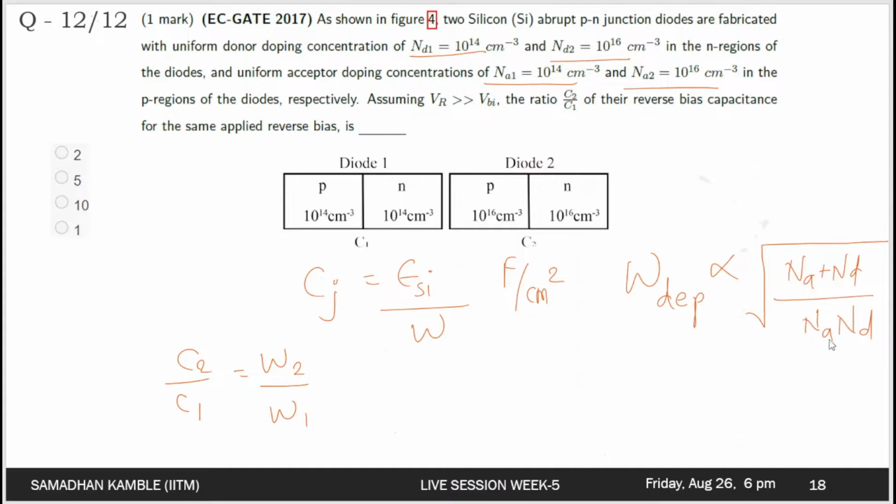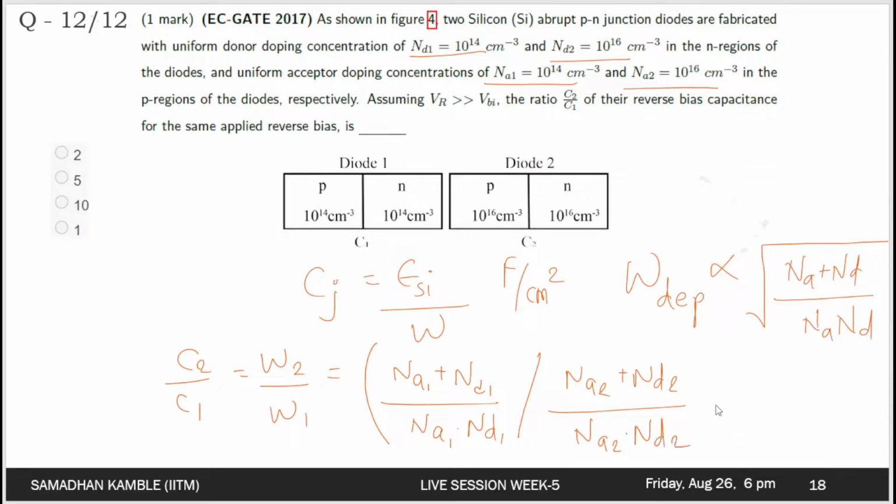So using this particular proportionality, we can write it simply as Na1 plus Nd1 divided by Na1 times Nd1, divided by Na2 plus Nd2 divided by the product of Na2 and Nd2, and the whole is raised to the power half, that is, it is in the square root.